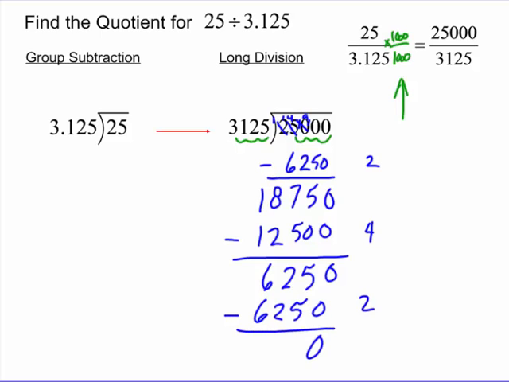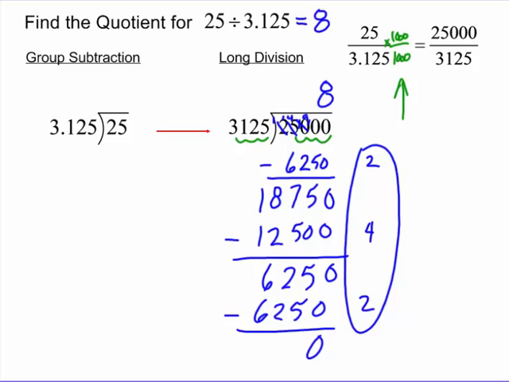When I subtract those, I have 0 remainder, and a grand total of 8. So 3.125 goes into 25 8 times. It's also the same as solving 25,000 divided by 3,125. Same thing. So the big idea today is we can move the decimal places around with equivalent expressions. That's a really big idea for making problems easier to see.